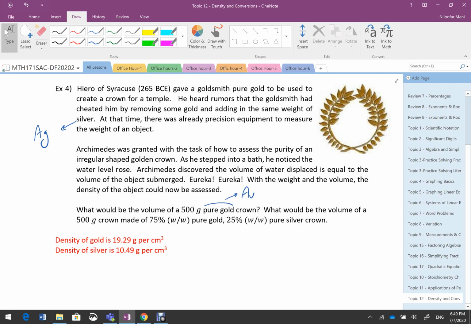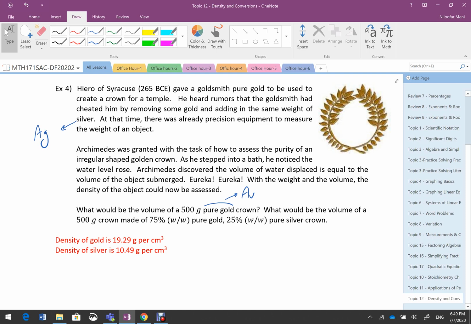They heard that the goldsmith is not an honest person, so he removes some part of the gold and adds some silver. Gold is more expensive, so he wants to have it for himself, and then they make the crown, and the task will be done.